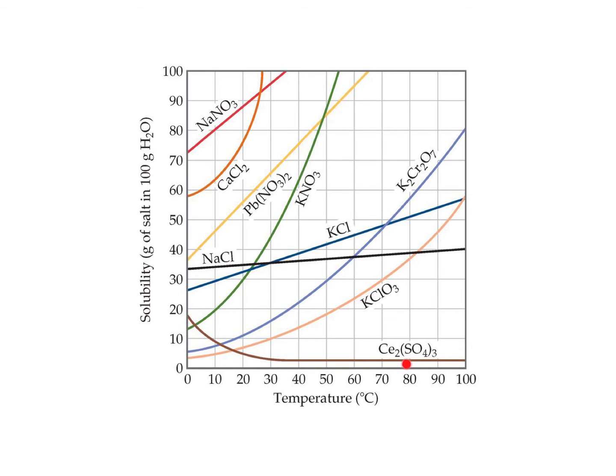The solubility of that salt actually decreases with increasing temperature. So it's actually kind of counter to what you might expect. I think the textbook invokes this example: if you're trying to clean something, oftentimes you'll use warm water to help dissolve things. But that's not always the case, okay? It's not always what is useful. I don't know why you would be trying to dissolve cerium sulfate, but it wouldn't work at higher temperature.